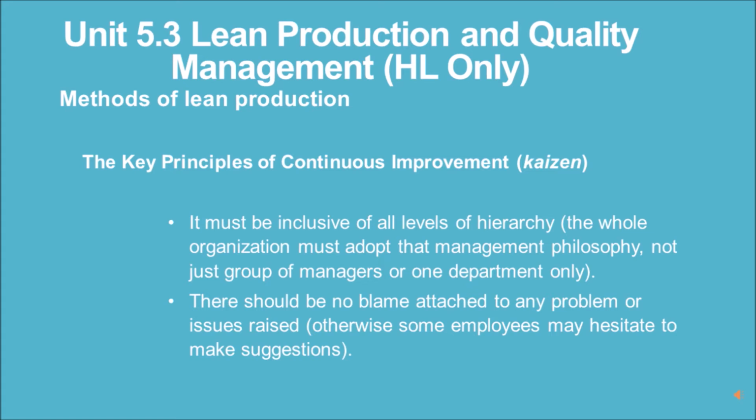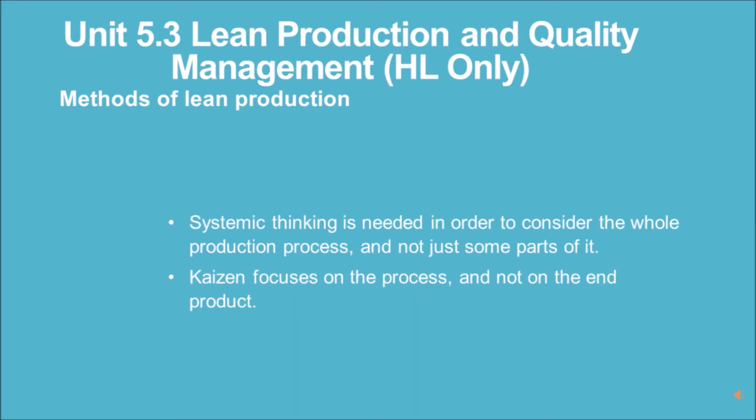There should be no blame attached to any problem or issues raised, otherwise some employees may hesitate to make suggestions. Systemic thinking is needed in order to consider the whole production process, and not just some parts of it. Kaizen focuses on the process, and not on the end product.